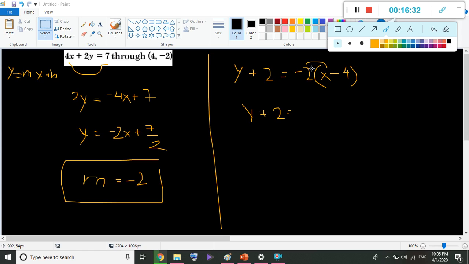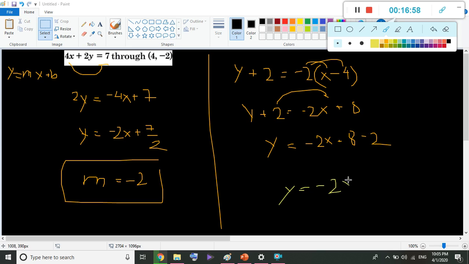We're going to distribute, and it's going to be negative 2x plus 8. We're going to move the 2 over there. Y equals negative 2x plus 8 minus 2. So the final answer is y equals negative 2x plus 6.